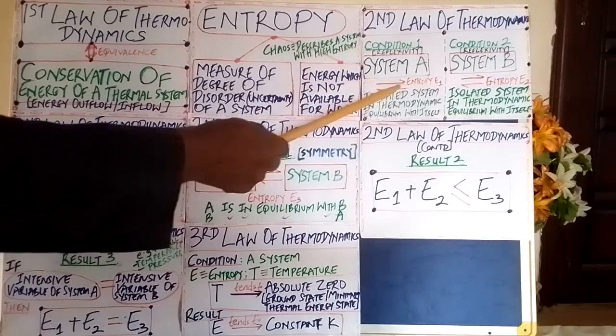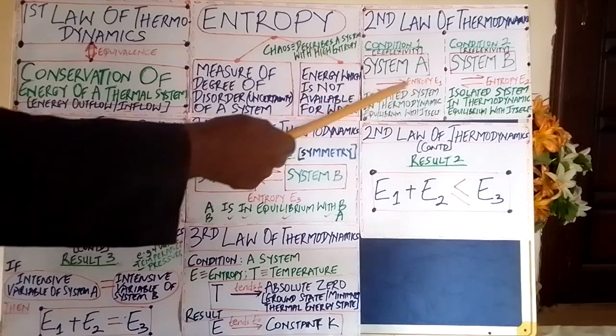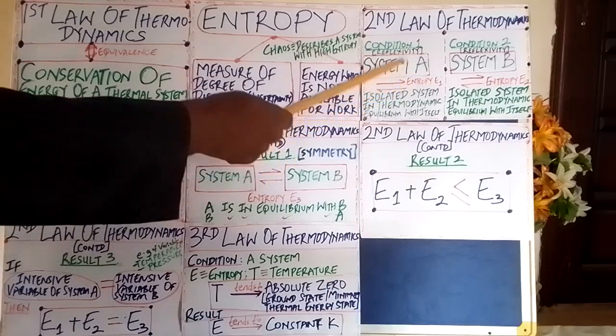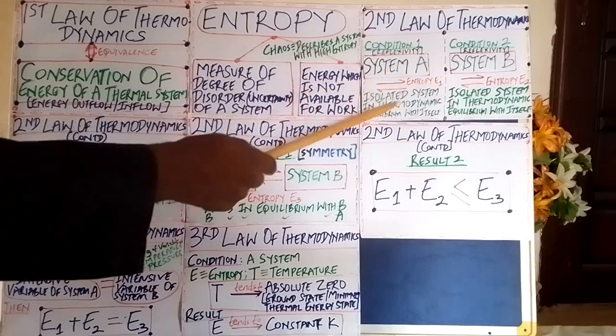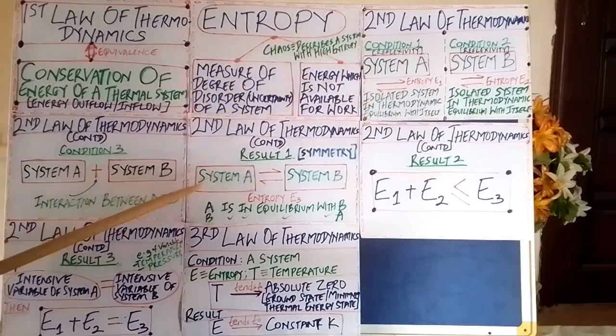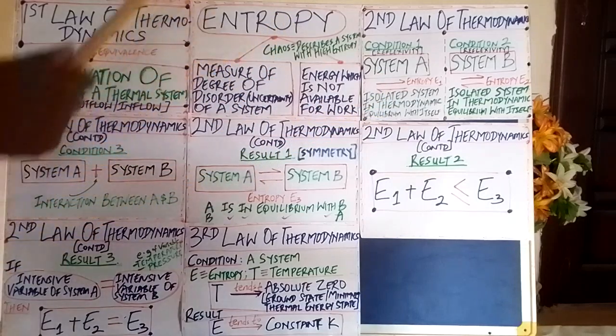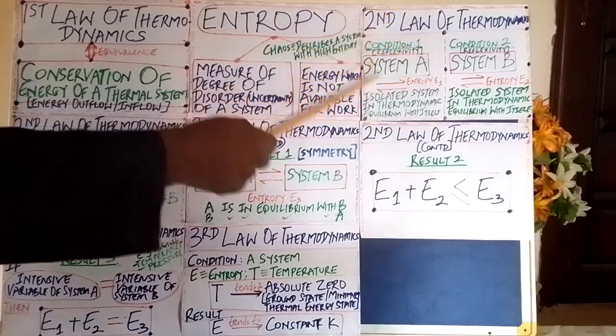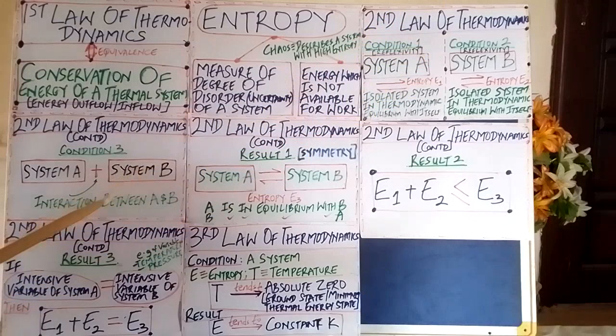When you say something is in equilibrium, thermodynamics is at rest. The fact that it is an isolated system means that, to a large extent or theoretically, it doesn't have any link with another system.